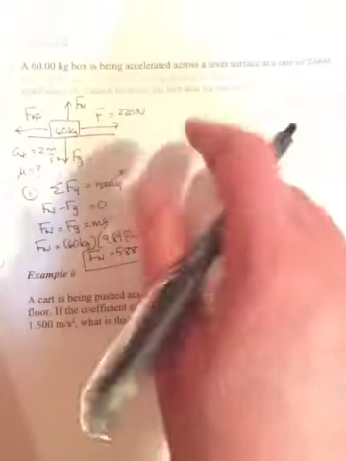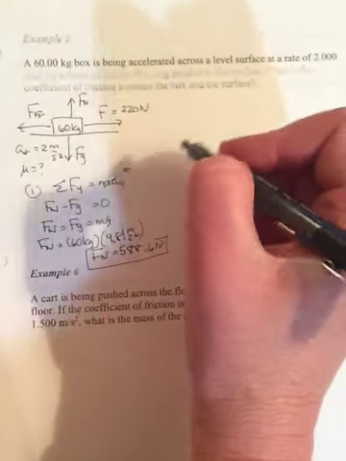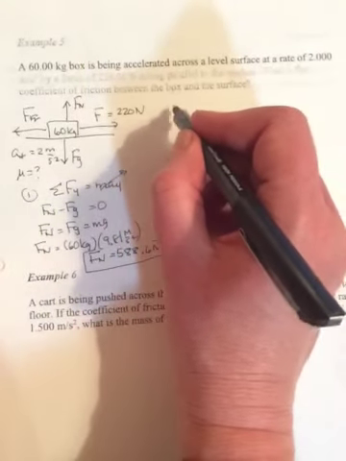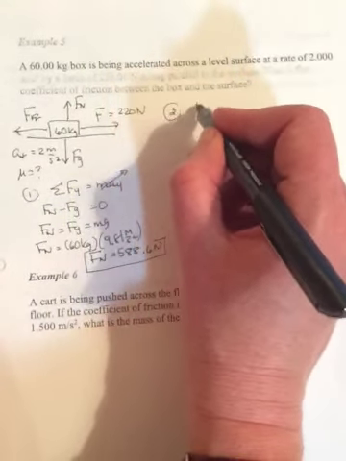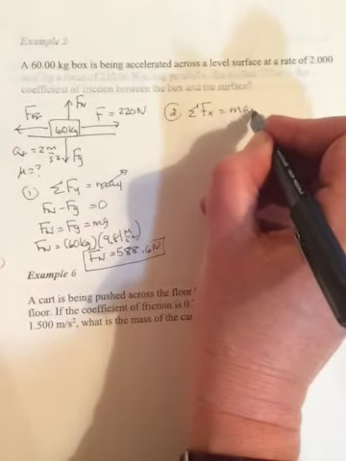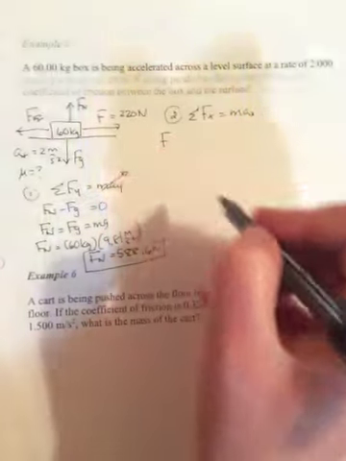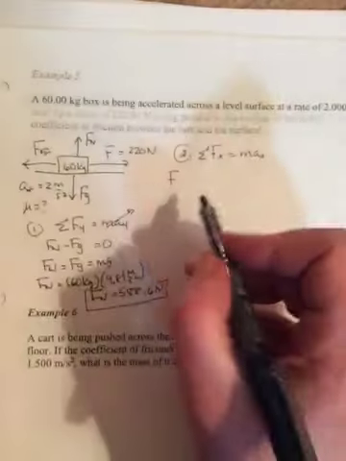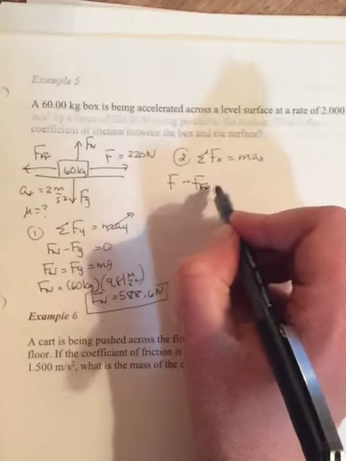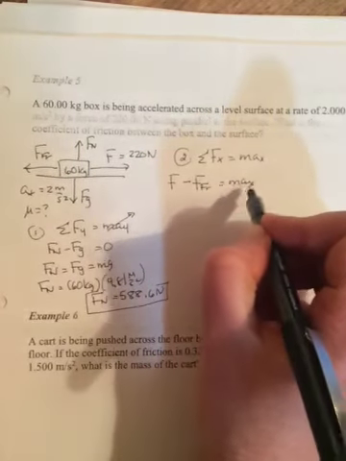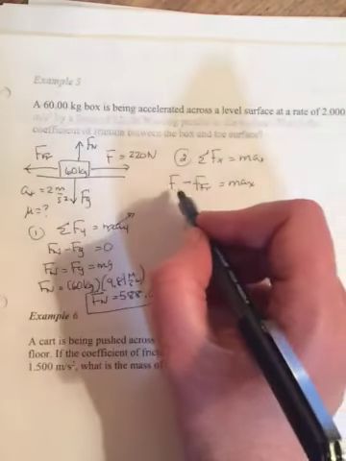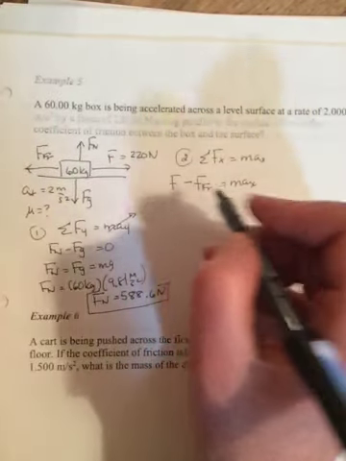All right, the question wants to know what is mu, which means we can't go and find friction yet by doing mu Fn, so we have to do sum of the forces in the x direction. So in the x direction, we have F minus friction is equal to max. And this time we're finding friction because we know F and we know a.